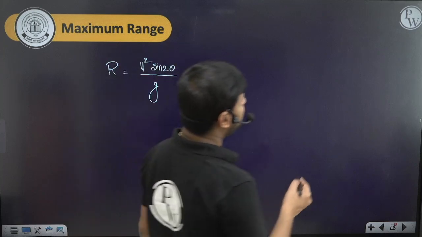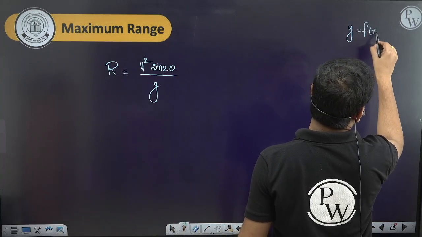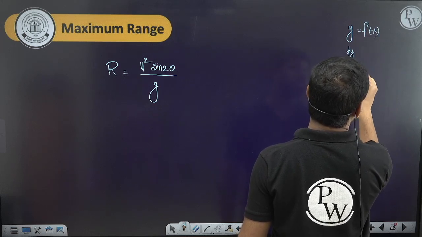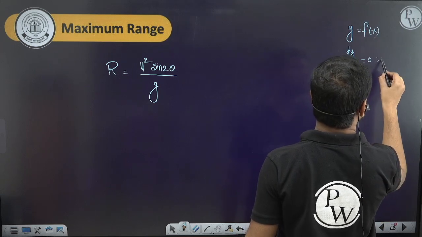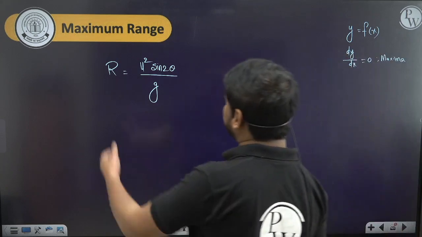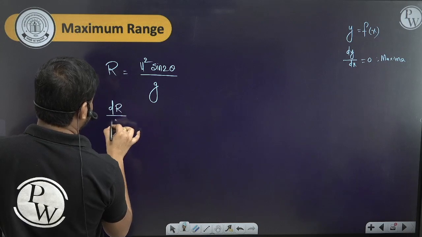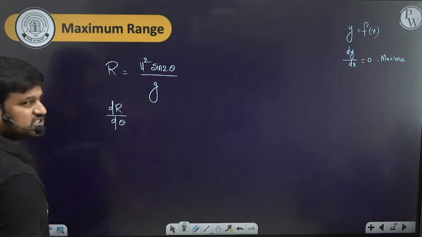See, if y is a function of x, in basic maths we have seen that the condition for maxima is dy by dx equal to 0. So here also I have to find the maximum range. So for which angle the maximum range occurs, that I have to find.